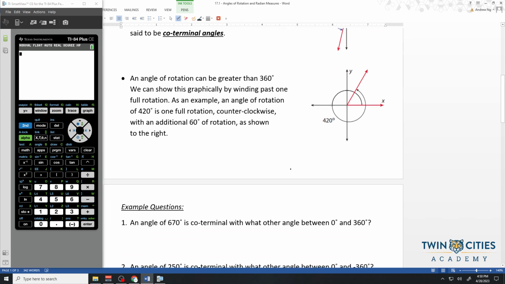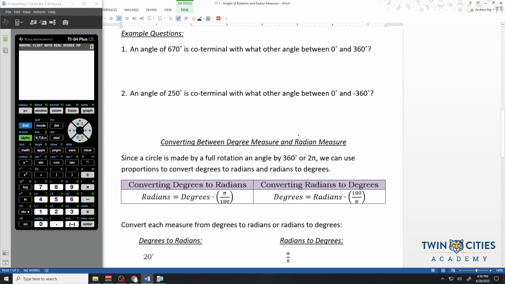So here are some example questions. An angle of 670 degrees is coterminal with what other angle between 0 and 360? Well, I'm starting at 670 degrees. And what I can do is add and subtract a full rotation around this circle.